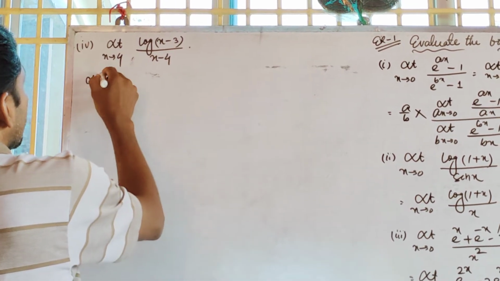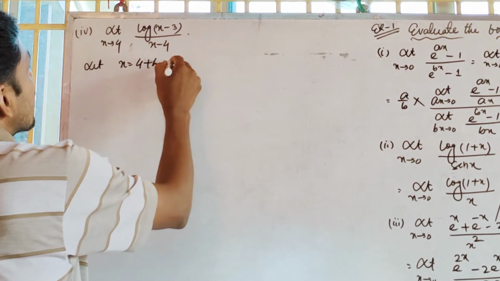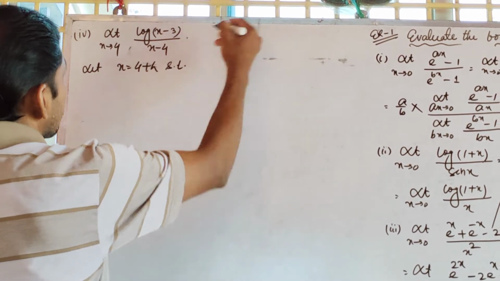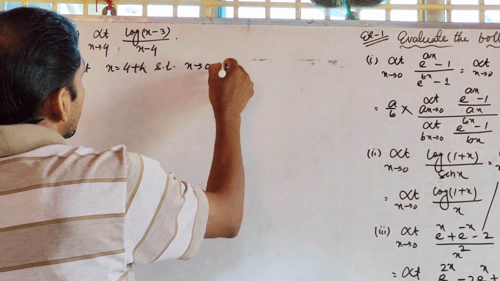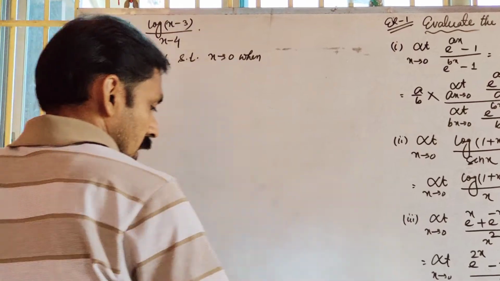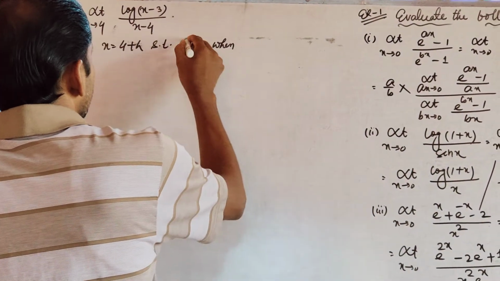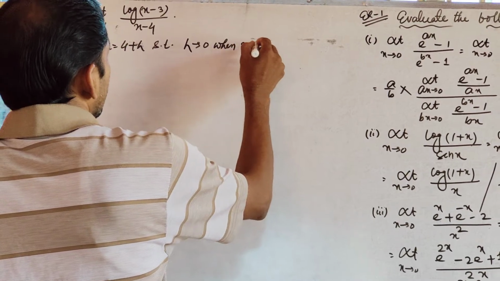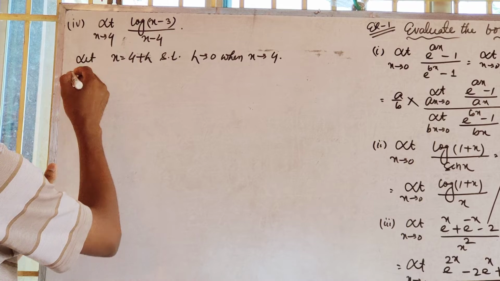Here we write x equal to 4 plus h such that h tends to 0 when x tends to 4.